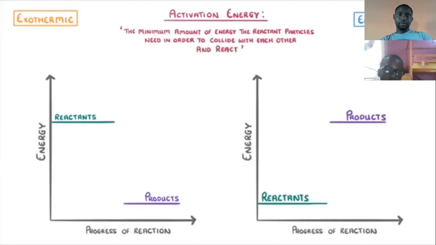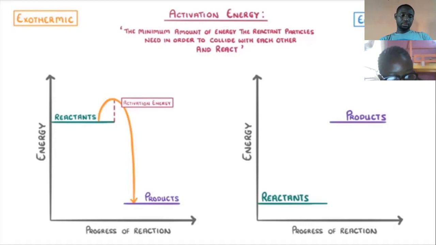The greater the activation energy, the more energy that will be required to start the reaction. We can show this activation energy on our reaction profiles when we draw a curve from the reactants to the products to show how the energy changes during the reaction. Specifically, the increase in energy from the lowest energy level to the highest point of the curve is the activation energy.